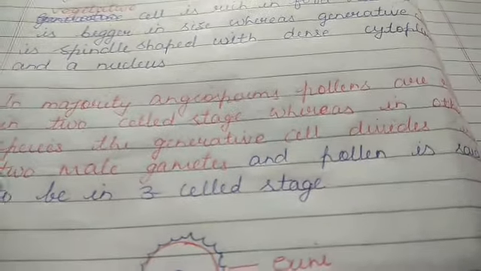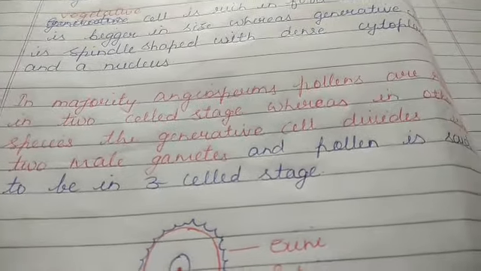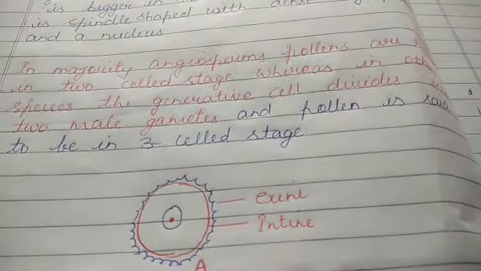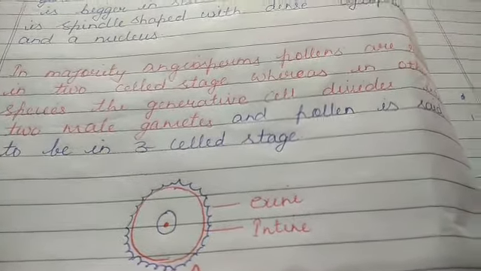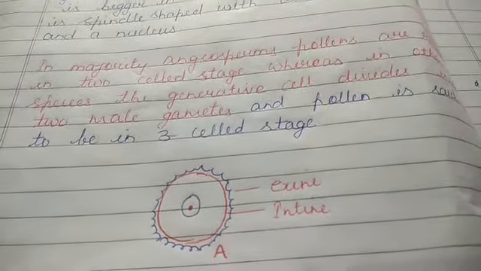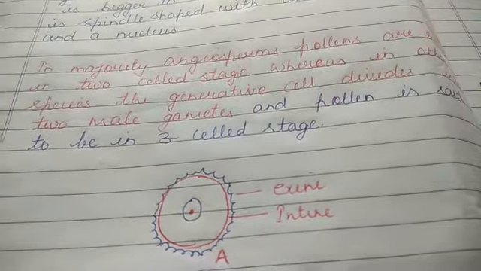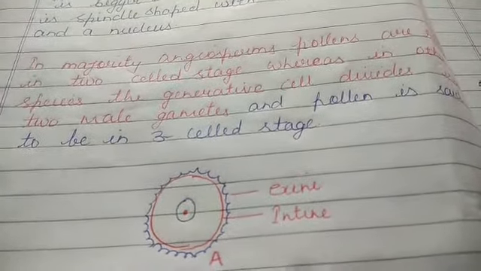In other species, the generative cell divides into two male gametes and the pollen is said to be in the three-celled stage.